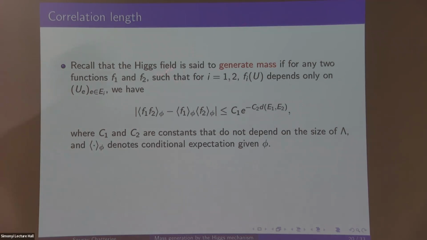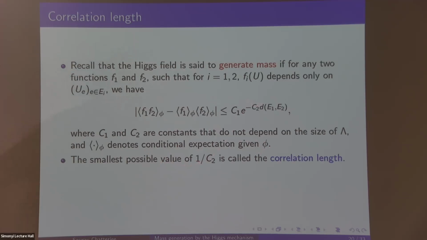Recall that the Higgs field is said to generate mass if for any F1 and F2, you have this exponential decay of correlations. And now I'm taking conditional expectation given phi.